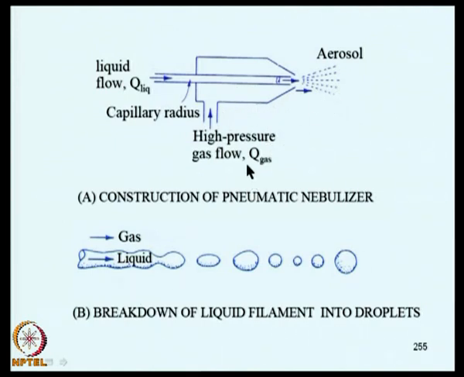You do not have to do a lot of engineering to arrange this type of sample delivery system. So, what happens is that basically gas and liquid is flowing in a continuous system, and gas is coming out and it breaks down into smaller droplets, and liquid basically first it forms a liquid filament and then breaks into smaller droplets.